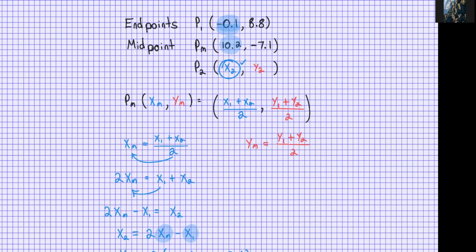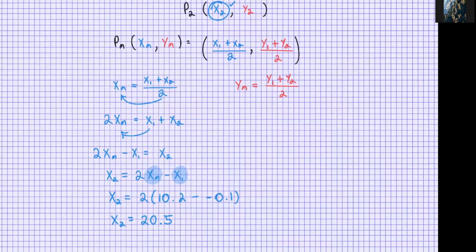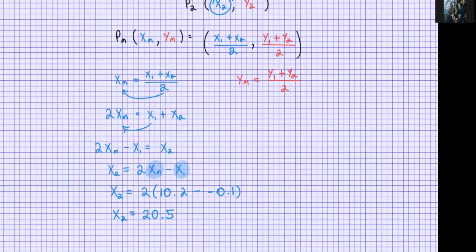Therefore, the isolation for y2 has to be equal to the isolation of x2. So let's just copy our formula in terms of y. So y2 will be equal to 2 times ym minus y1. I literally just copied this formula, but instead of x's, I used y's.